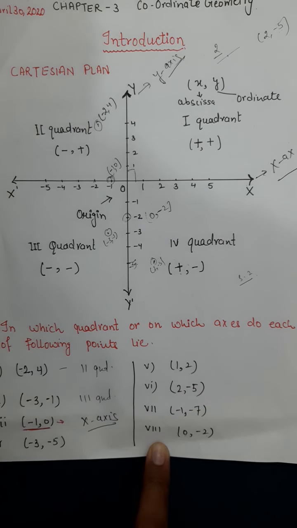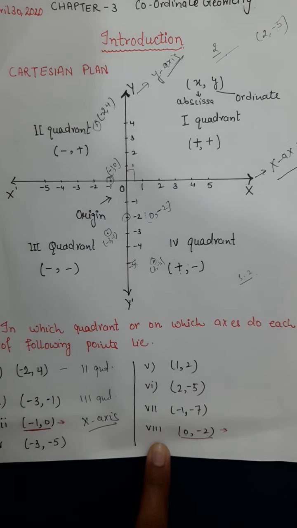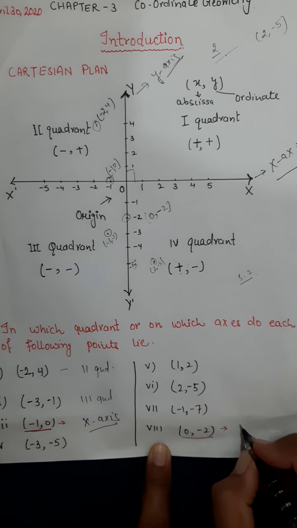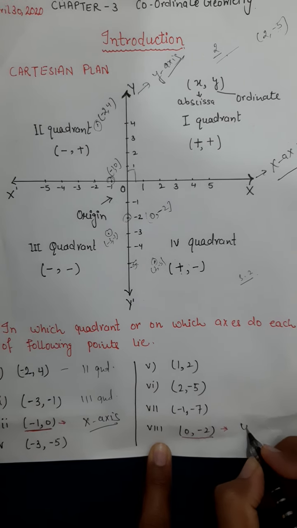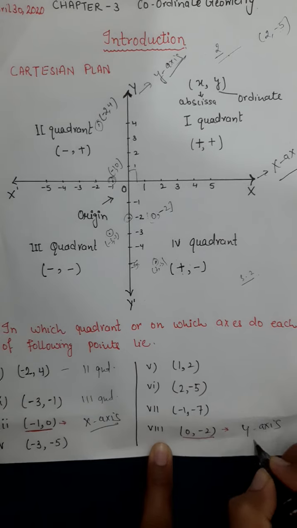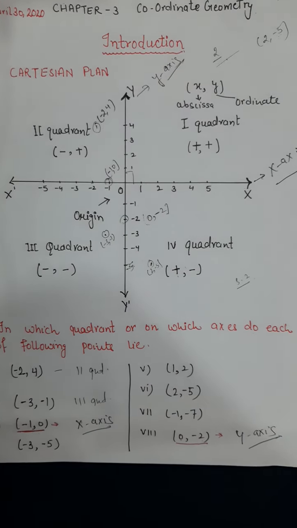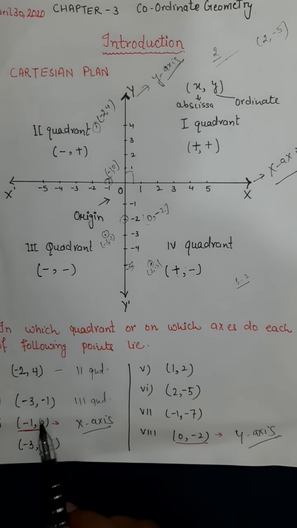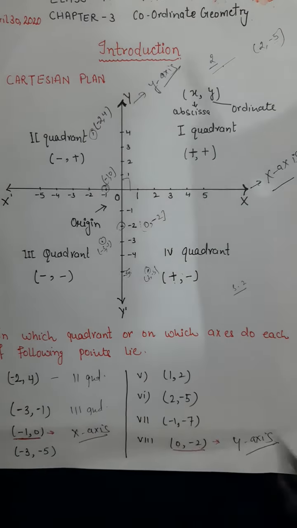This is very important and it comes for sure in the exam. Which quadrant is this? No, this is the y-axis. Clear? To confuse you, or just to mold the question, they give you this type of coordinates in which one number is 0, and you have to check the other value.